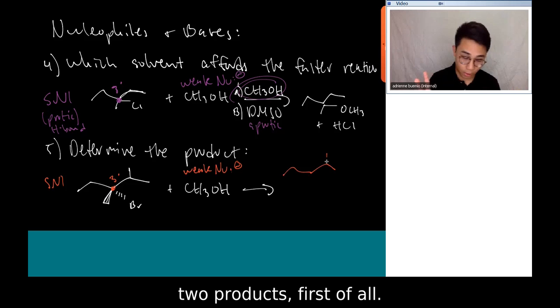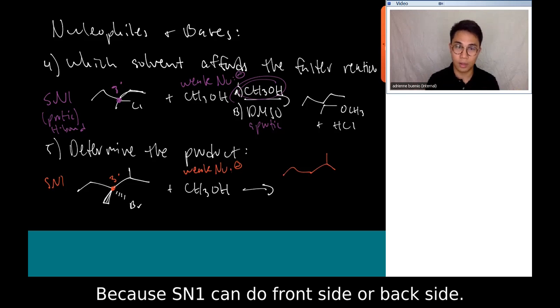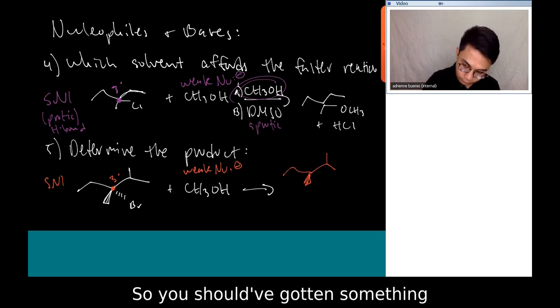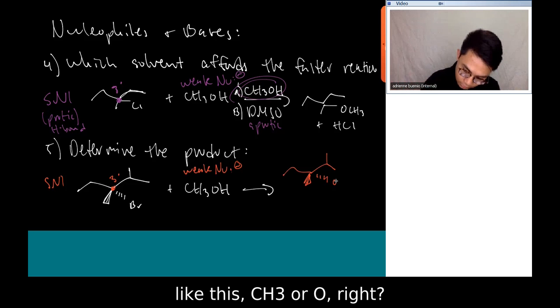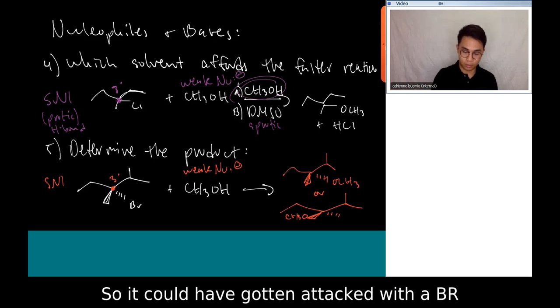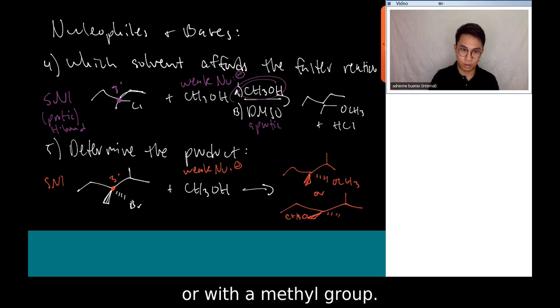You should have gotten two products, first of all, right? Because SN1 can do front side or back side, so two options. So you should have gotten something like this, CH3, or O, right? So it could have gone attacked with the BR or with the methyl group, right?